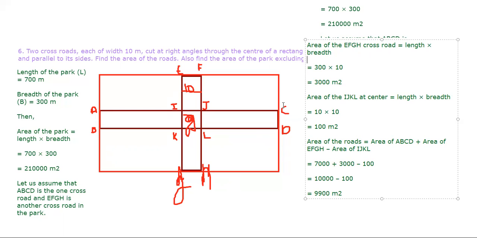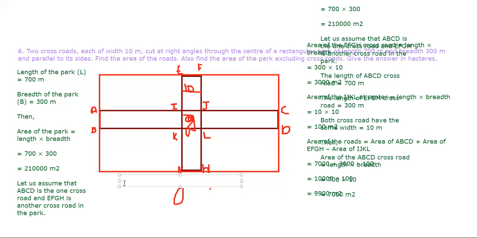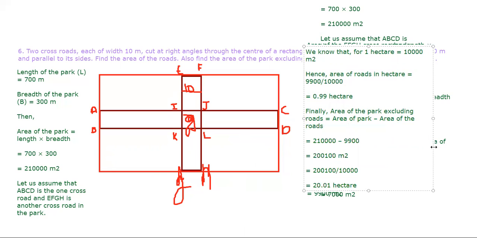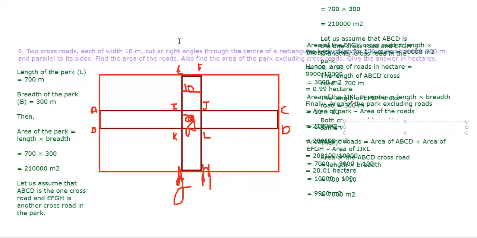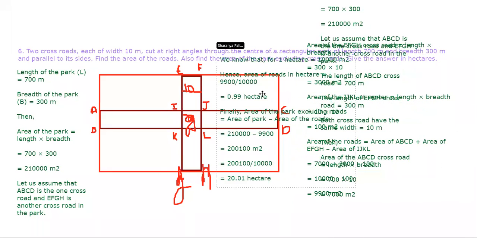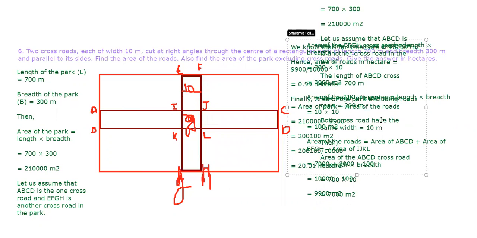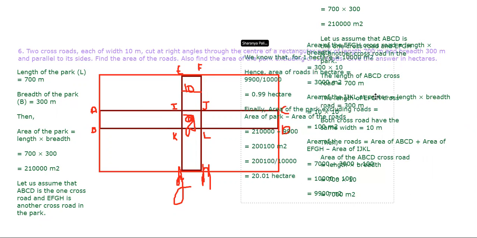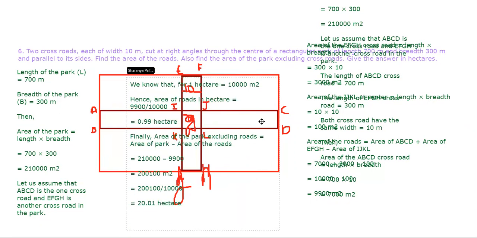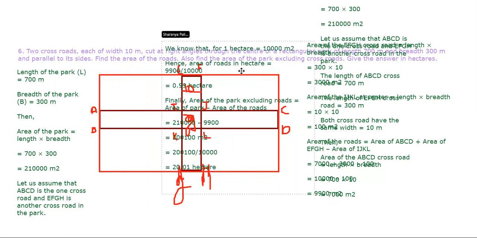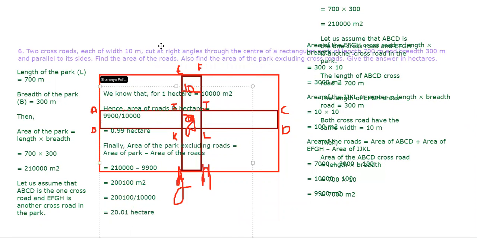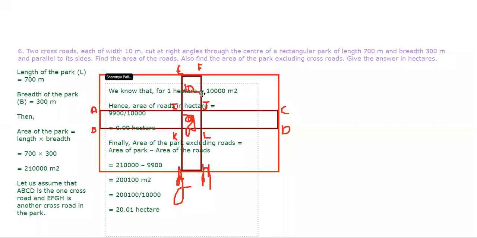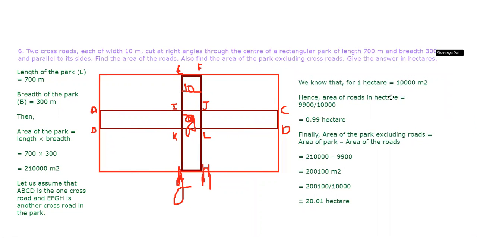So we know that 1 hectare is 10,000 meters square.